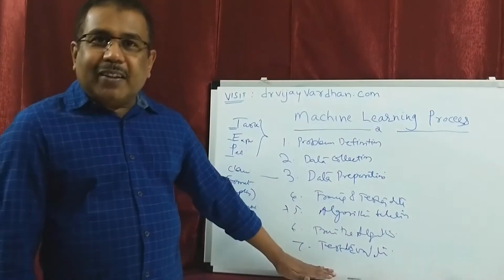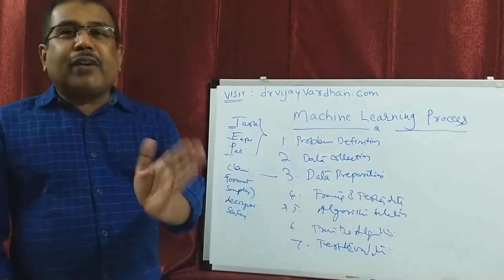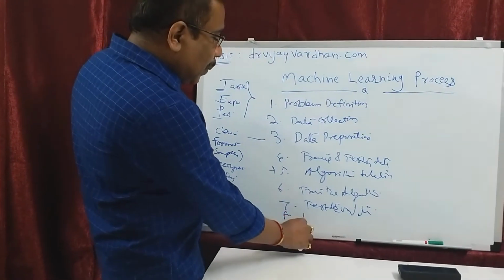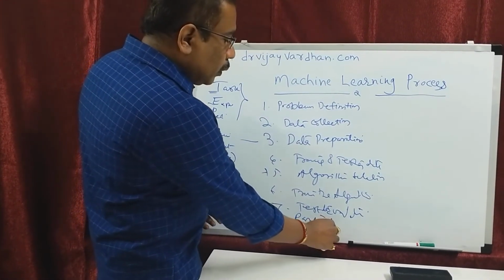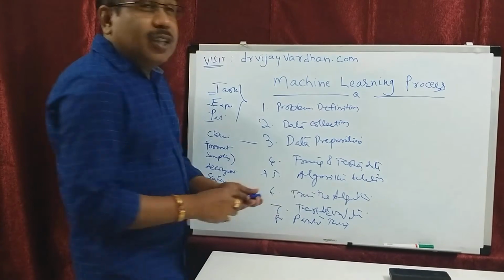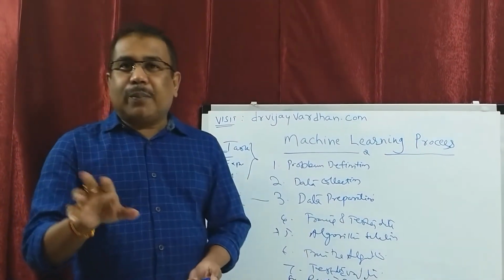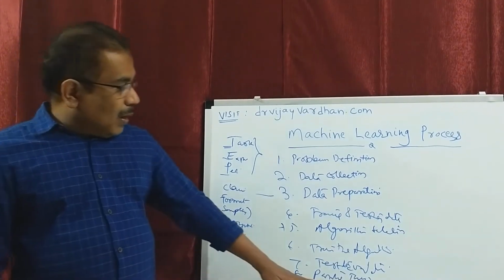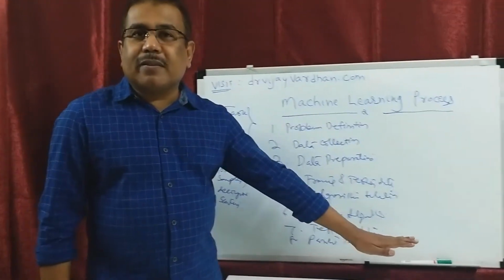After giving the test data to the algorithm, you have to fine tune the algorithm with what is called parameter tuning. In parameter tuning, you have to configure the parameters, which are also called hyperparameters. With parameter tuning, you can increase the performance of the algorithm.